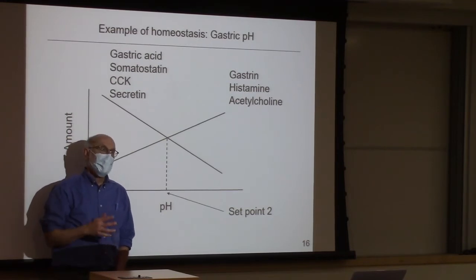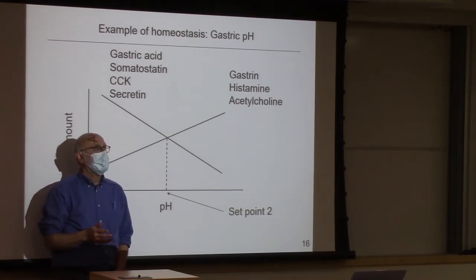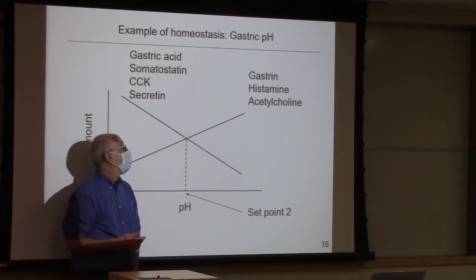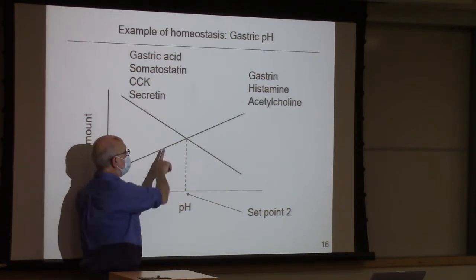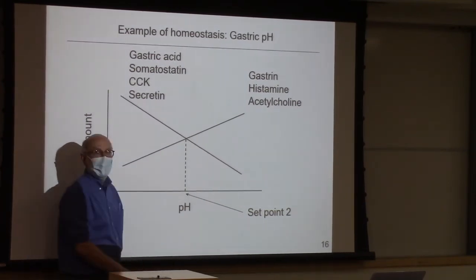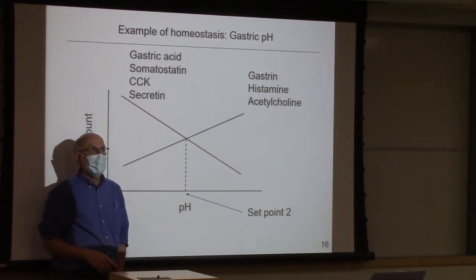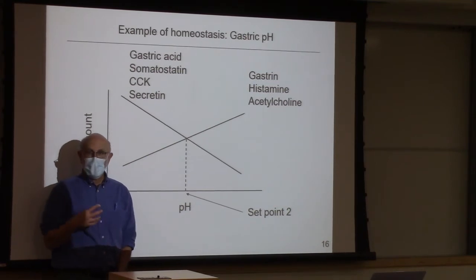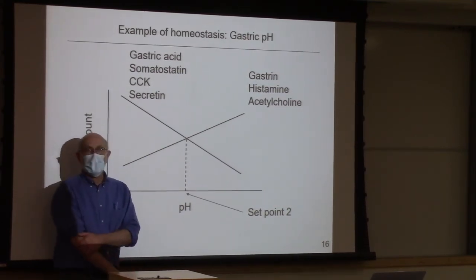Secretin primarily caused the duct cells to secrete bicarbonate to neutralize the acid. And CCK primarily is responsible for secreting the zymogens and enzymes necessary to digest the stuff that's coming into the duodenum, the chyme coming in.